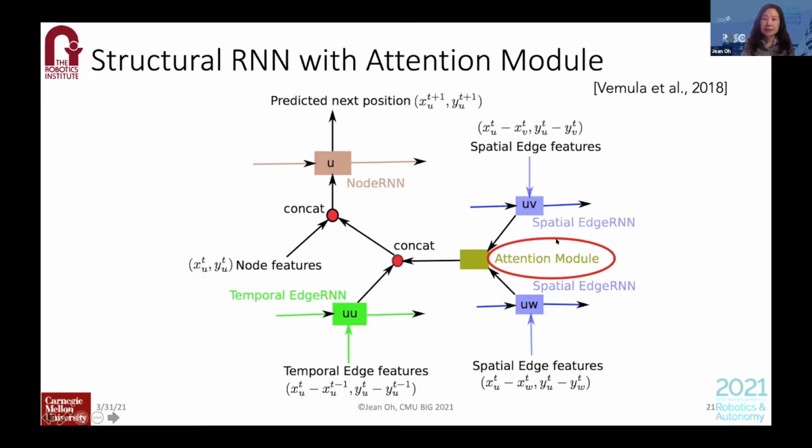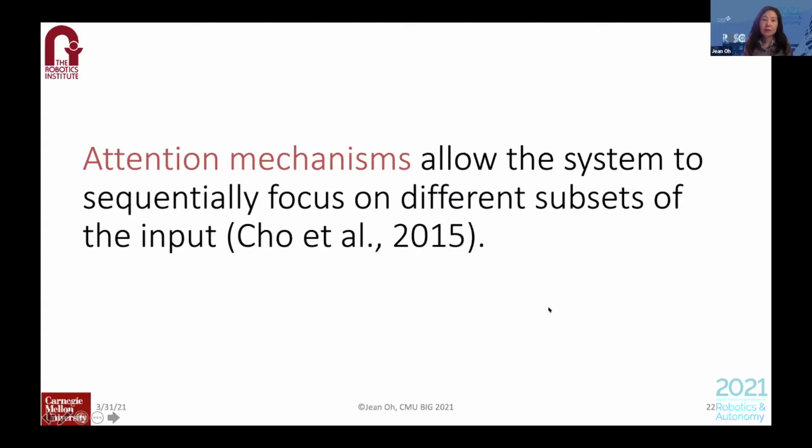And then the key idea here was using the attention module. So again, we'll just see what the attention mechanism is. Probably many of you are already familiar, but just to review. The attention mechanism was introduced to capture more sophisticated information for the context.